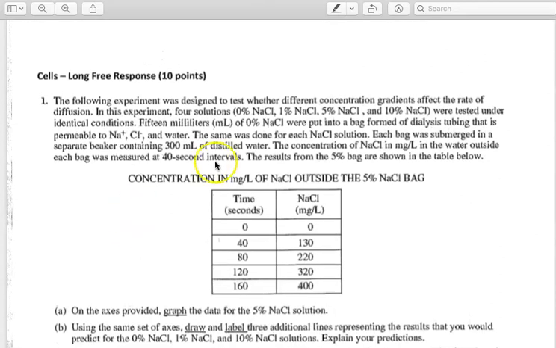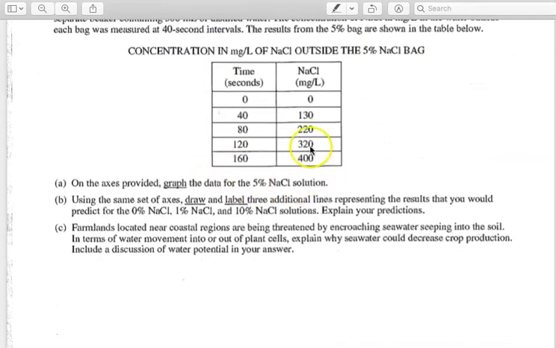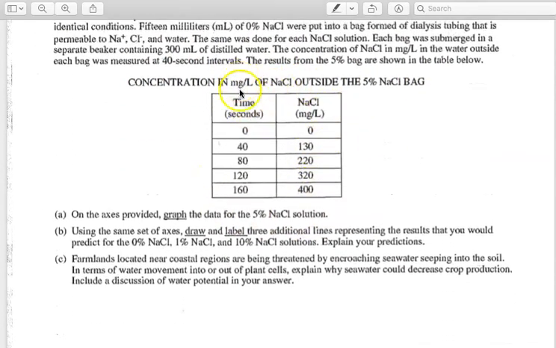In the long free response, a lot of people got this right as well. The only thing that you need to make sure is that time is your independent variable, so this has to be in your x-axis, your horizontal axis. The concentration is your dependent variable, so it had to be in your y-axis.